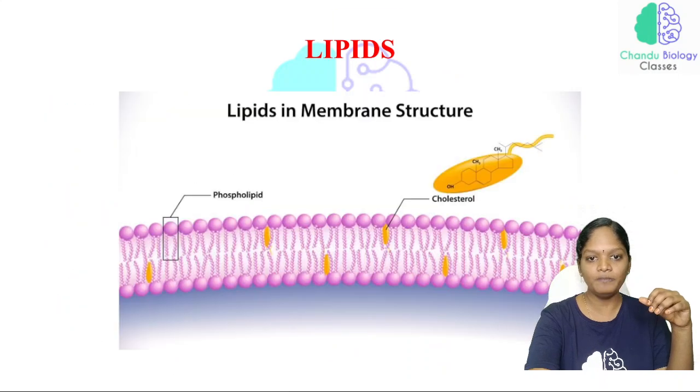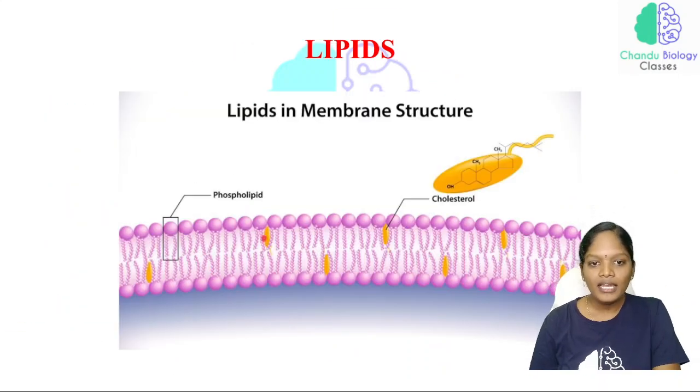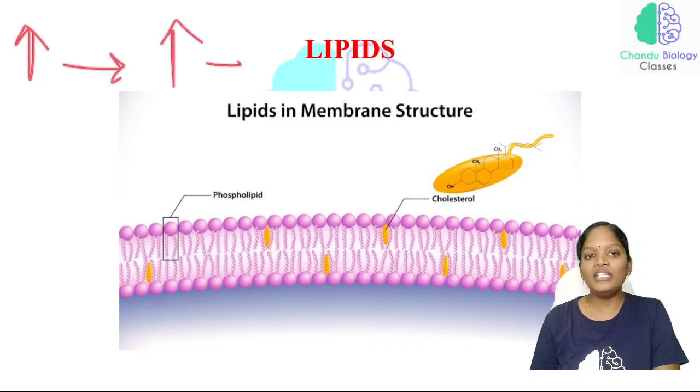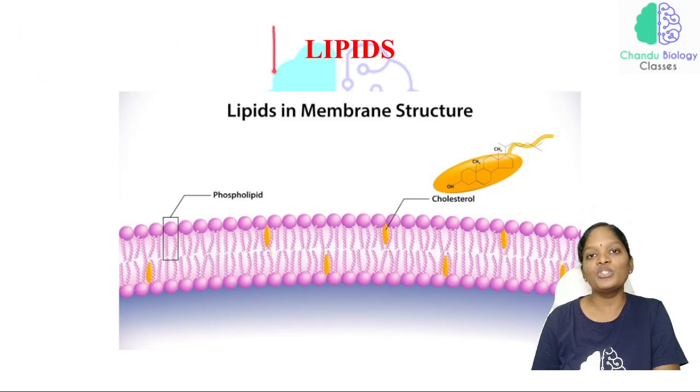Just look at this picture. This is cholesterol, which makes the membrane rigid. If the temperature is higher, the membrane is more fluid, and to prevent this, cholesterol is present, which makes the membrane rigid.